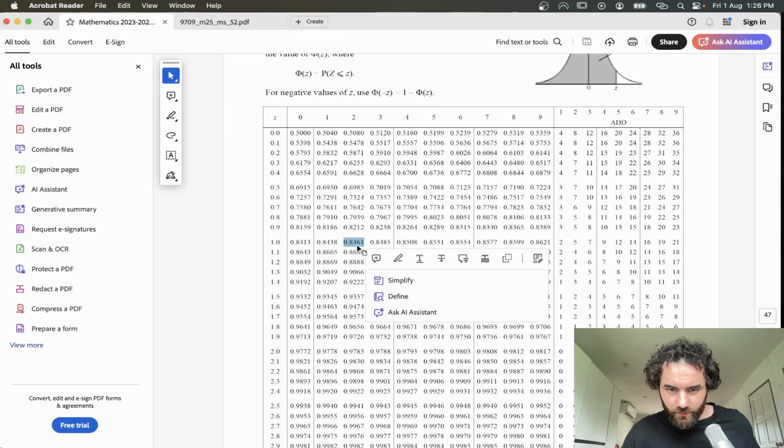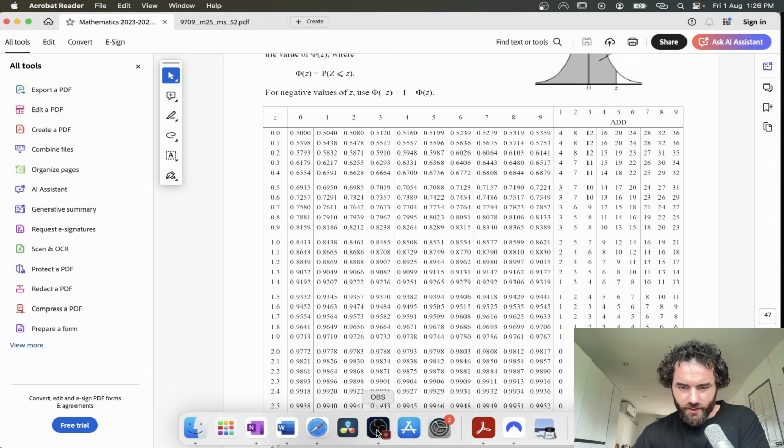So 0.8461 add 2. So 0.84. No, 0.8. So 1.021. 1.02. 0.8461 add 2. So 0.8463. 0.63 minus 1.